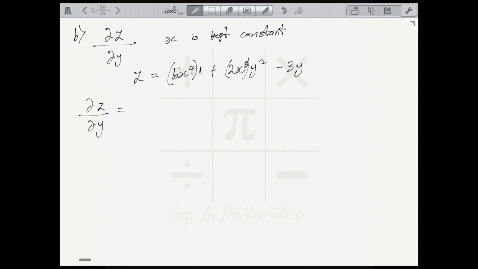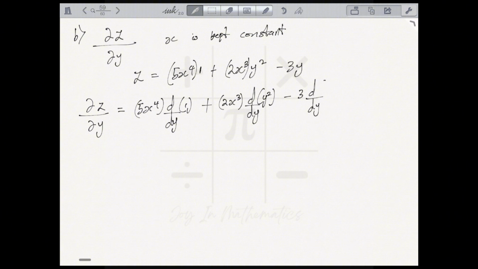Therefore, for our partial derivative of z with respect to y, we have our constant of 5x raised to power 4 differentiated with y, the constant of 2x raised to power 3 differentiated with respect to y of y squared. There's no constant in this case aside from 3, differentiated with respect to y of y.